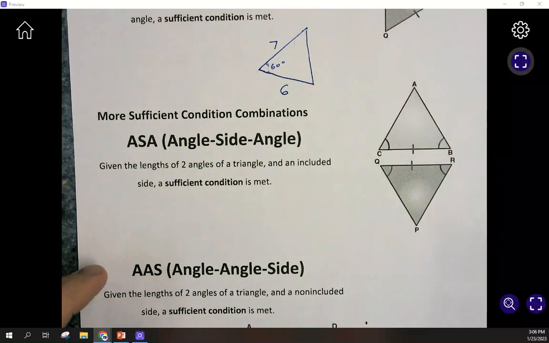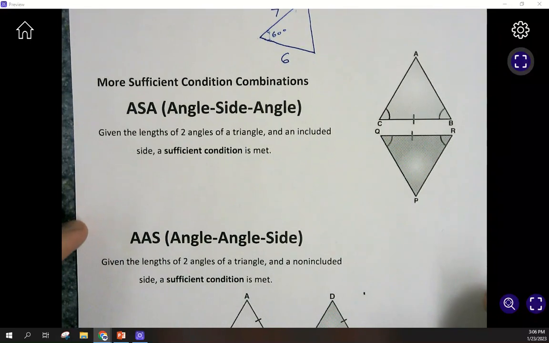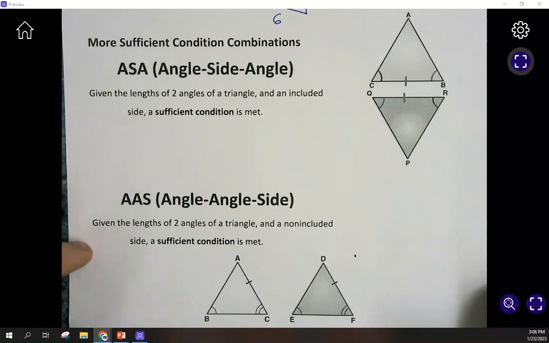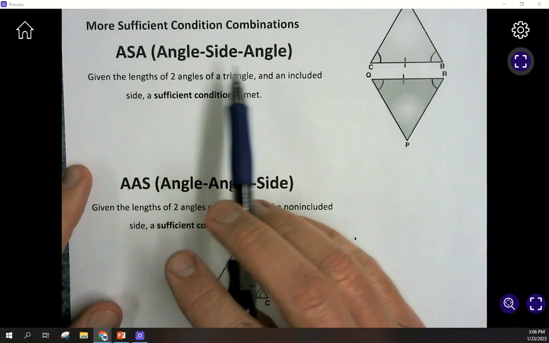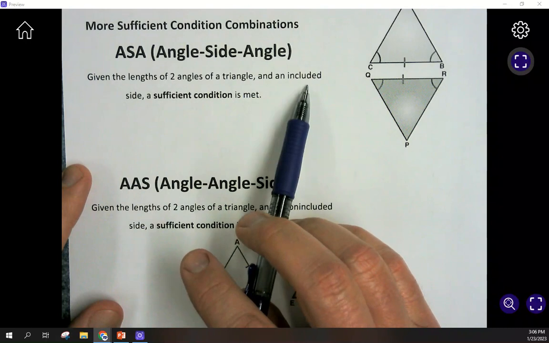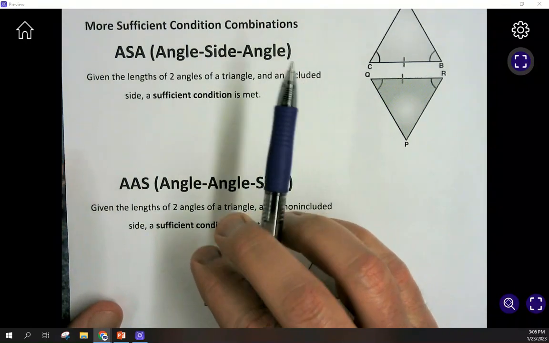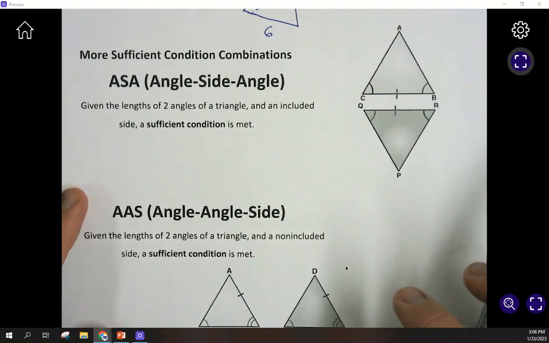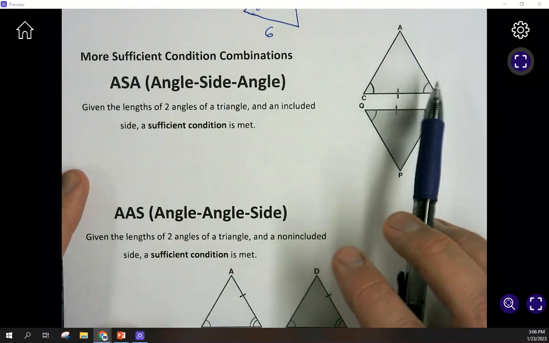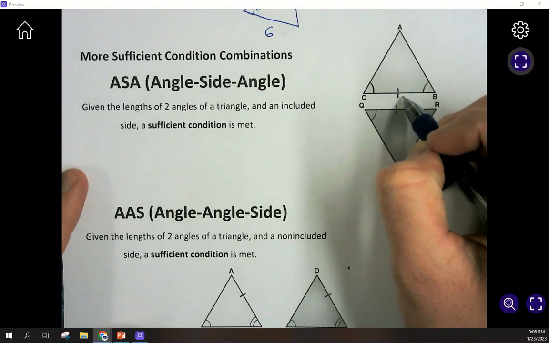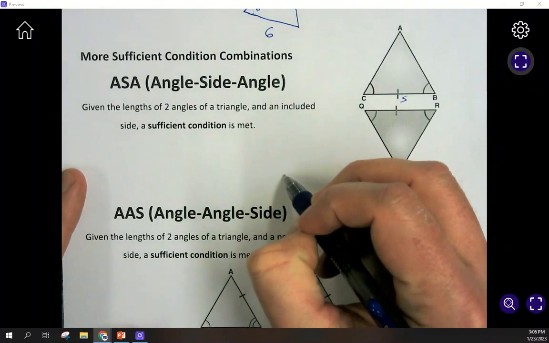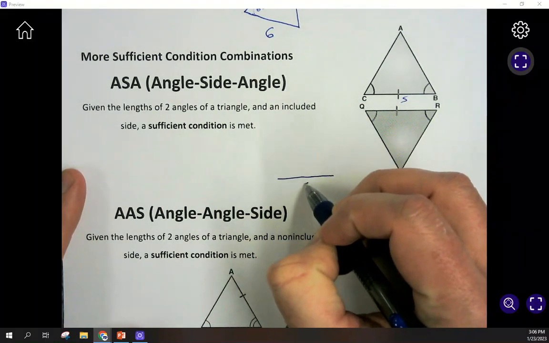And then the last two sufficient condition combinations are down here at the bottom. We have ASA, angle side angle. Okay, so you have two angles and then also the included side. So not just any two angles and one random side. It has to be two angles with the one side length given between it. The reason is because, let's say that this was 5 and I just use a ruler.